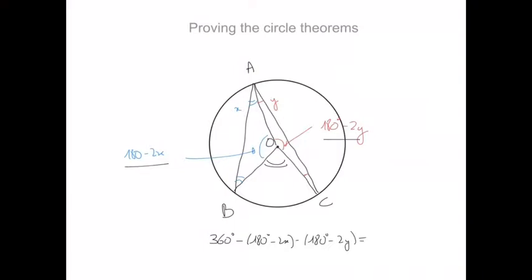When you remove the brackets, you get 360 minus 180 plus 2x minus 180 plus 2y. You see that 360 minus 180 minus 180 cancel out, and you're left with 2x plus 2y, which is twice (x plus y), and x plus y is obviously the angle at the circumference we started with. So this is x plus y, this is twice x plus y. We are done proving the first circle theorem.